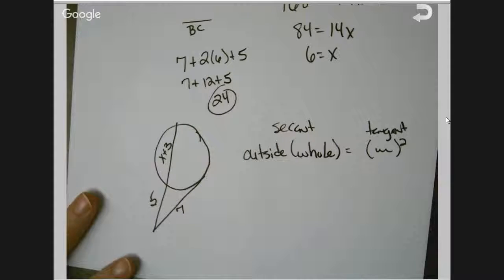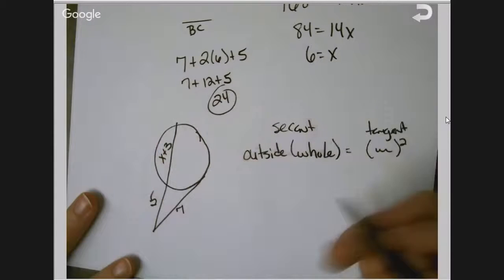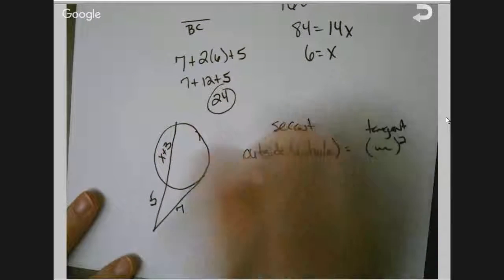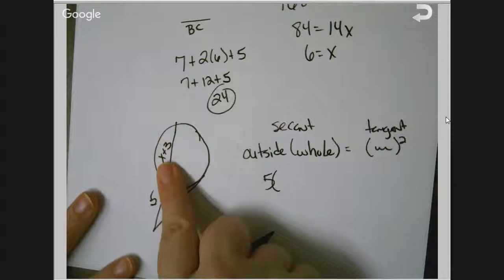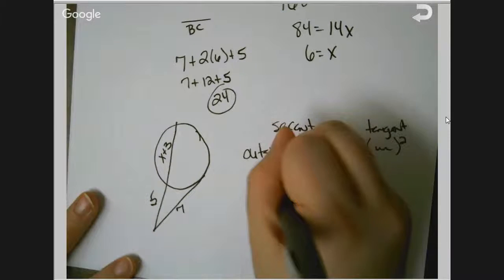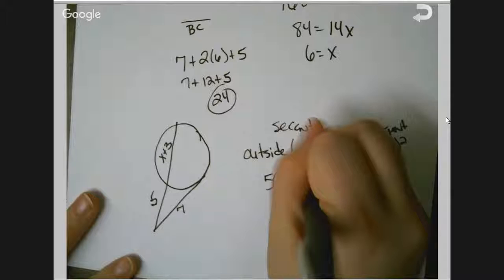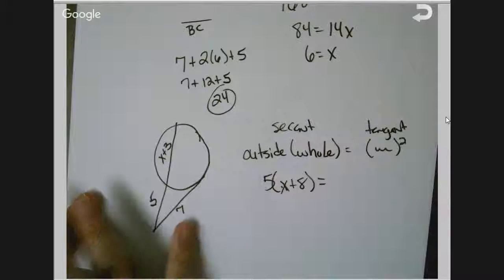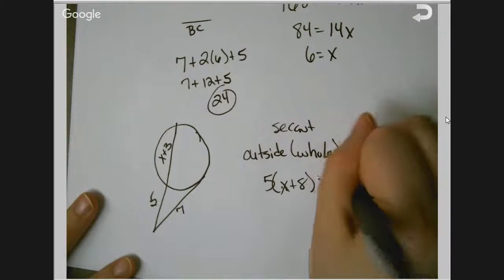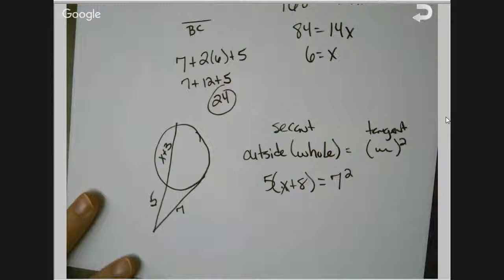Okay, so outside times whole, we're going to do it again. 5 times 5 plus X plus 3, which is X plus 8, equals 7 squared. Is there any questions about that?